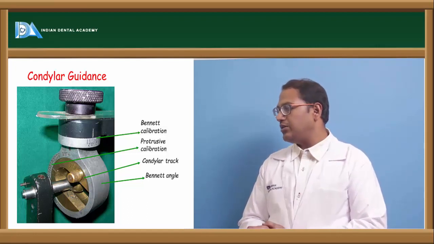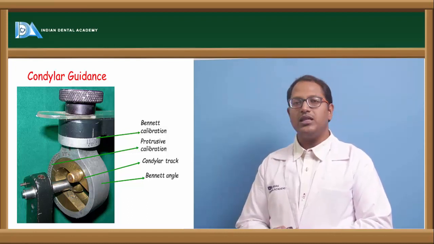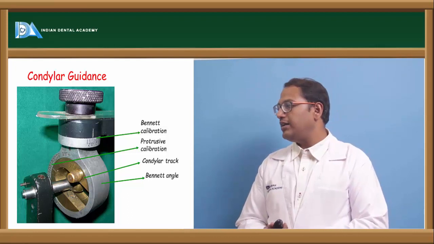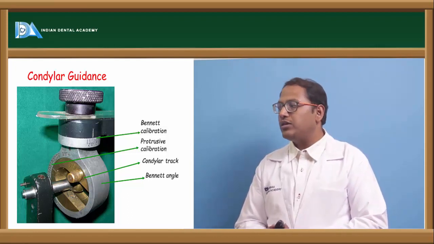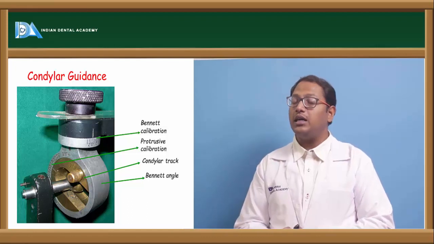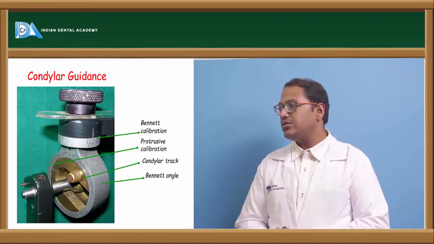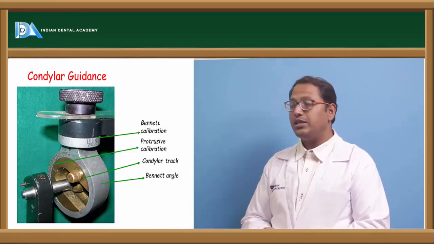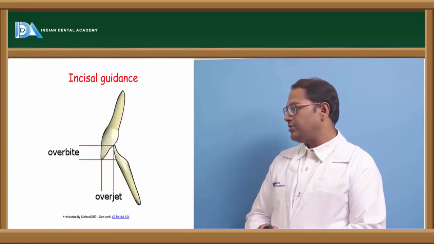This is how condylar guidance is supposed to be in an Arcon kind of articulator. Just imagine this the other way around, where the condylar element is on the upper member and the condylar pathway is attached to the lower member, like in the Hanau H2. Those kinds of articulators will be called non-Arcon articulators. Even our mean value articulator is a kind of non-Arcon articulator.